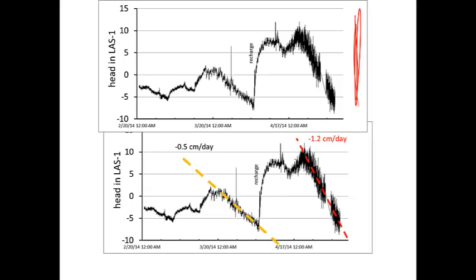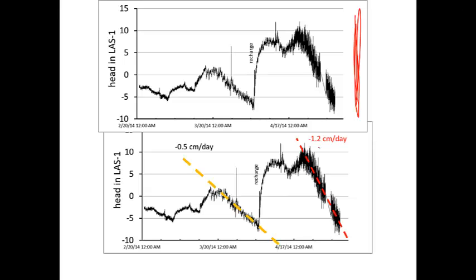And that's because this signal here is the difference between the signal that we measured in the well and the barometric. And those two signals are pretty similar to one another, and it's only when we subtract them that we see actually what looks to be a fairly different appearing signal. So it's important when you use this kind of transducer to have both a barometric transducer and a submersible transducer.